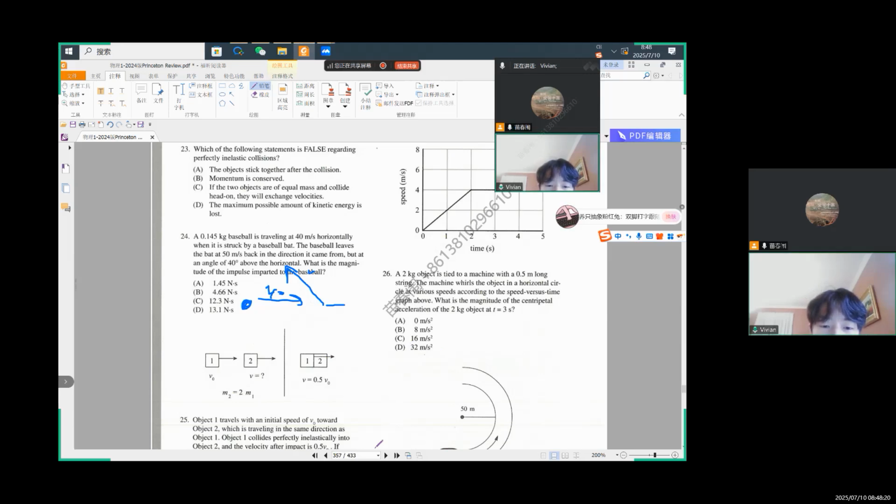Does that mean this component is 50? No. Does that mean this part's 50 then? Is the entire thing 50?